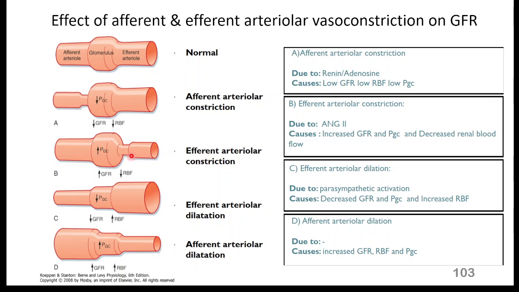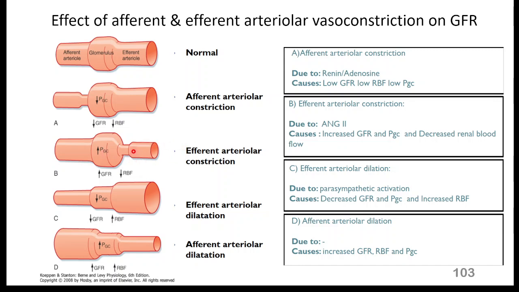All right, so this will lead to an increase in the glomerular hydrostatic pressure, but a decrease in the renal blood flow, and an increase in GFR. So basically, whenever we increase the glomerular hydrostatic pressure, we always increase the GFR.